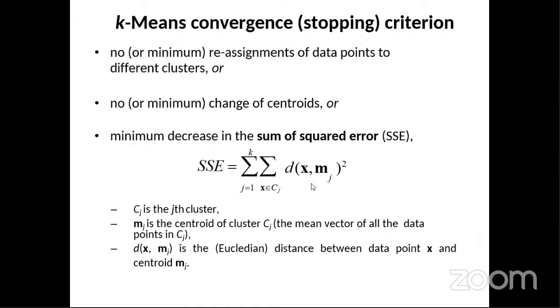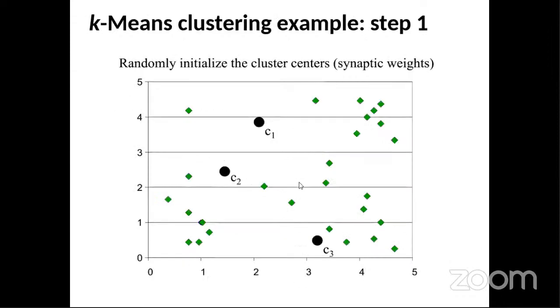So whatever the cluster centroid is, with respect to that cluster centroid, whatever the distance of a particular node is, if that has minimum decrease, we can say we have met the convergence criteria. So these are some stopping criteria we can decide upon when we have to stop clustering.